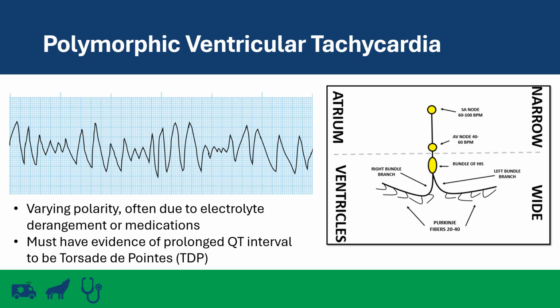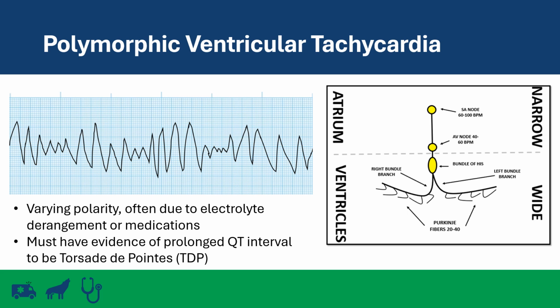Now, polymorphic VTAC occurs when you have an impulse from the ventricles, not the primary pacemaker, going way too fast, but you have differing morphologies, or differing shapes, of the QRS complexes. A very common type of polymorphic VTAC is called torsades, or torsade de pointes.